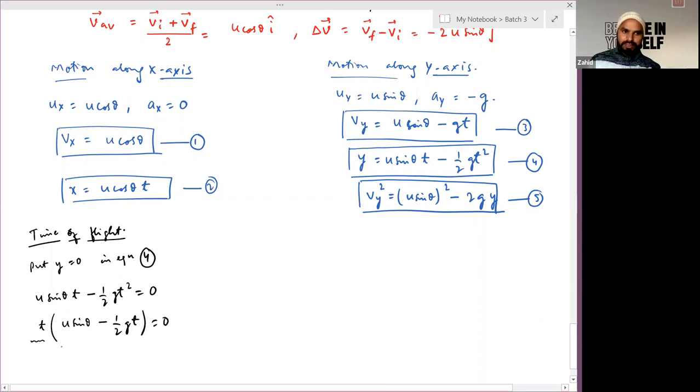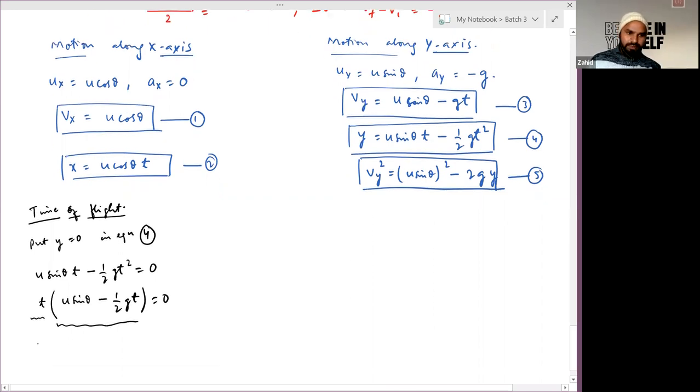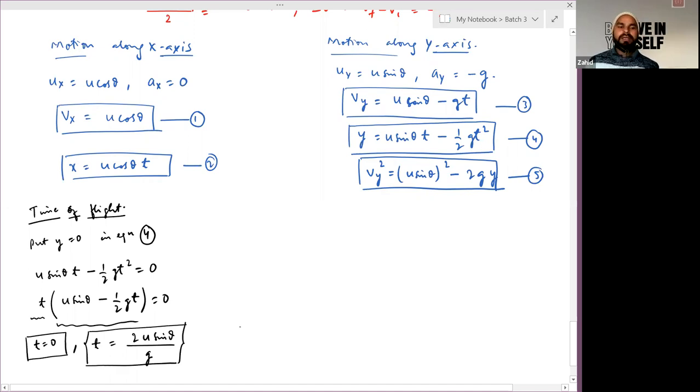Now, if you put individual term equal to 0, you will get t equal to 0 first, and from this part, you will get 2 times u sine theta divided by gravity. This time, which is 0, will define the point of projection, and this time will define the total time taken by particle for this entire motion. So this will be termed as time of flight.